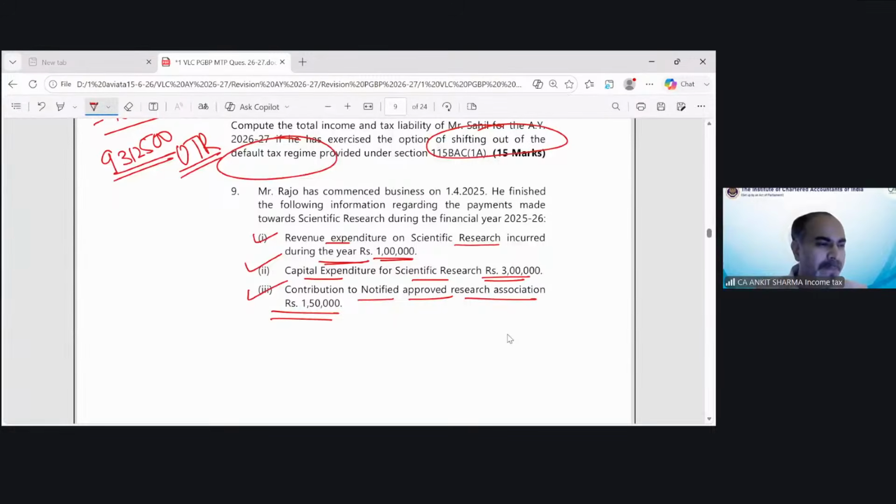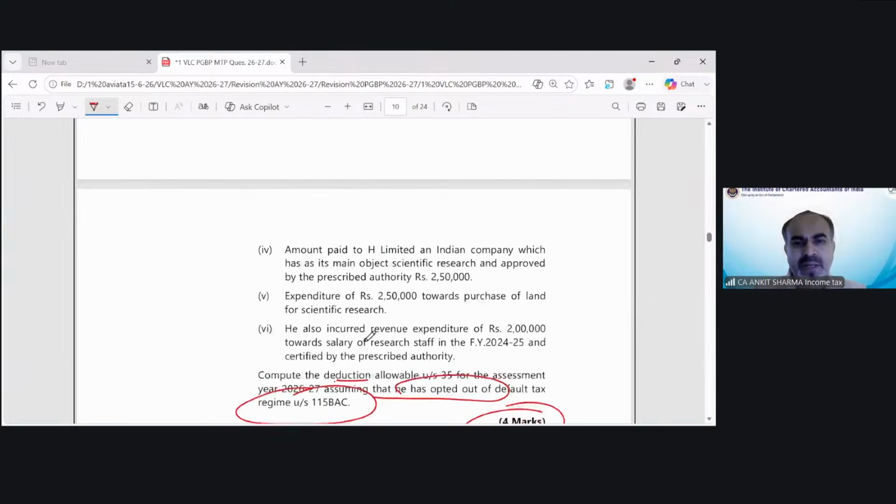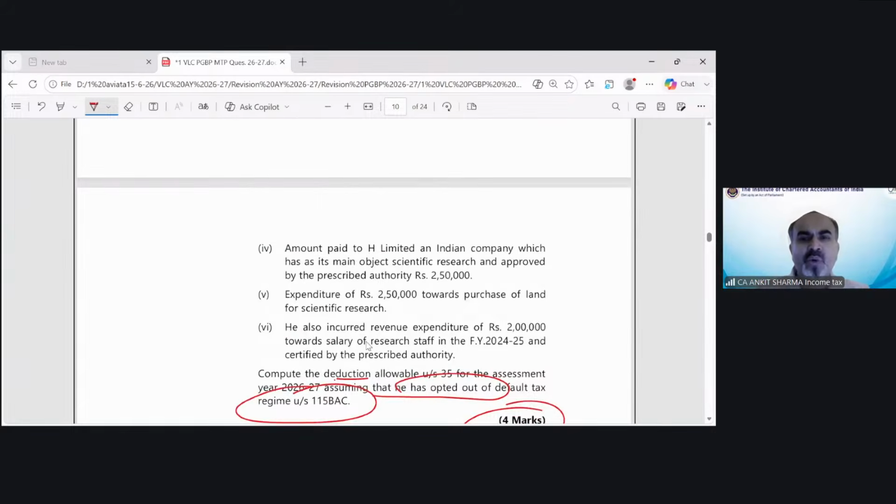Absolutely allowed. Next is amount paid to H Limited, an Indian company which has scientific research as its main object and is approved by the prescribed authority. What should be the treatment? Allowed or not allowed? Point number 4 we are discussing.